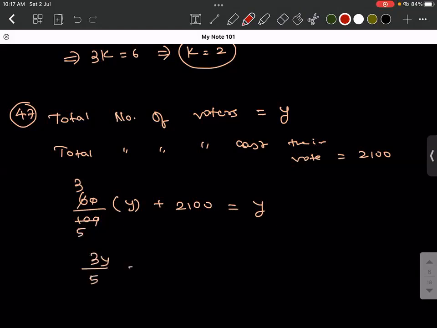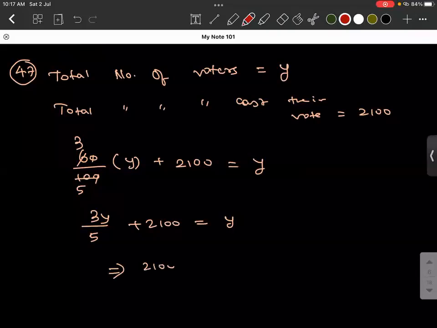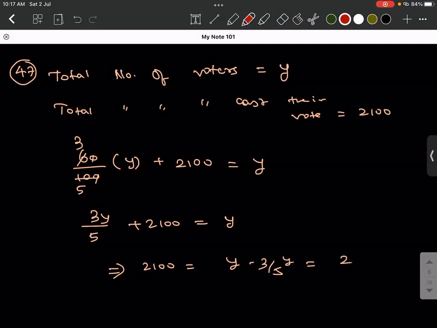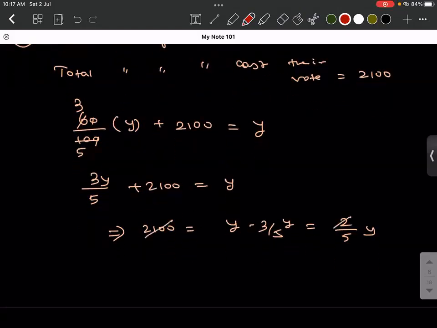So 3Y by 5 plus 2,100 is equal to Y, which implies 2,100 is equal to Y minus 3 by 5Y. How much is that? 2 by 5Y. Right. So 2 will cancel this. 1050 times. So Y will be equal to 1050 into 5. How much is that? 5250. Yeah?